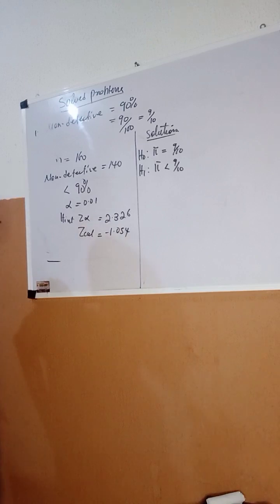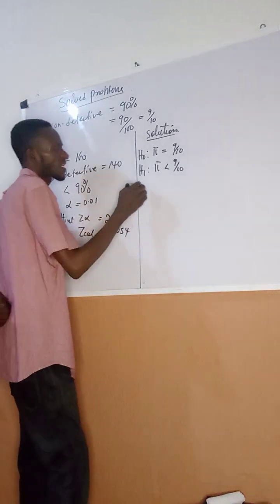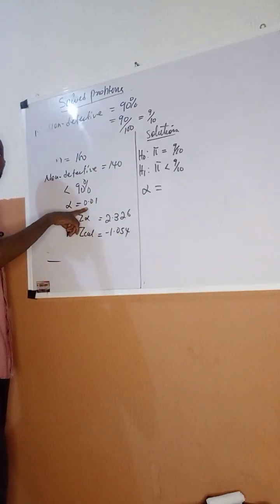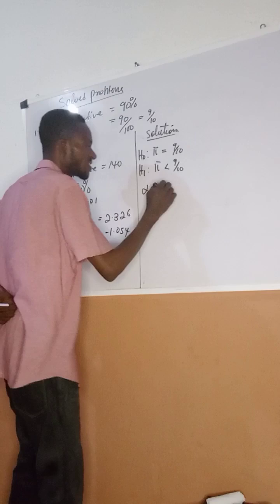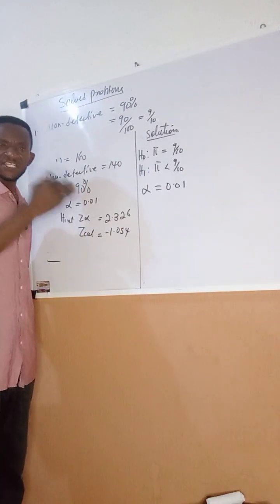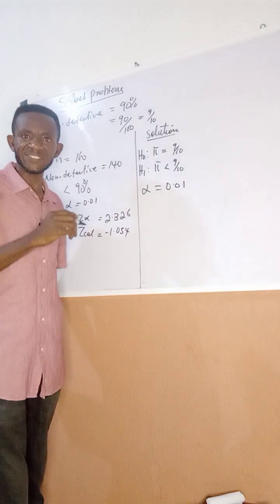Now we go ahead to the second step, to state the level of significance. The level of significance is alpha, and they gave us alpha to be 0.01. The third step says we are going to state the test statistic.